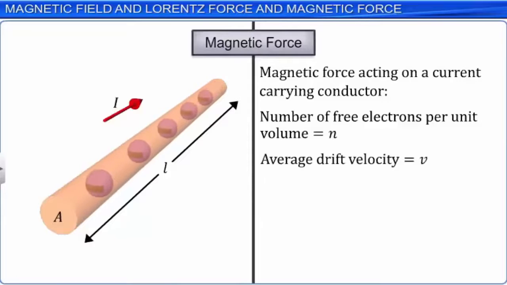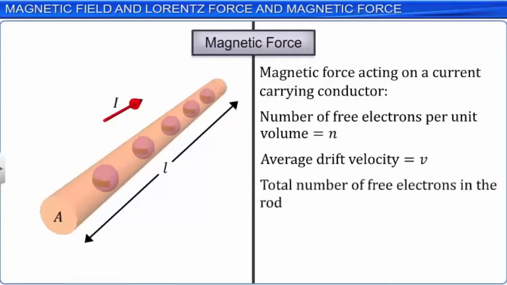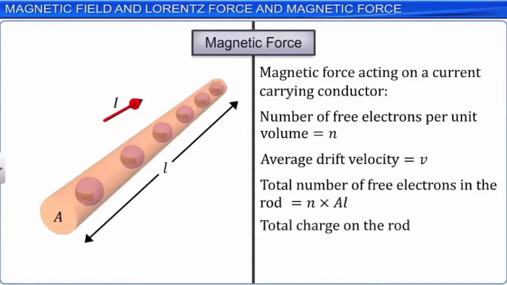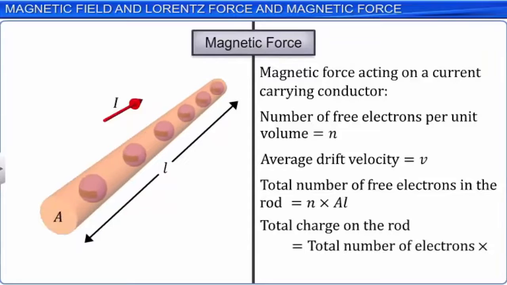Then, the total number of free electrons in the rod is equal to N times the volume of the rod, which is equal to N into AL. The total charge on the rod is equal to the total number of electrons multiplied by the charge on an electron.